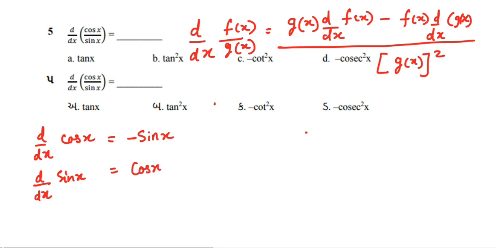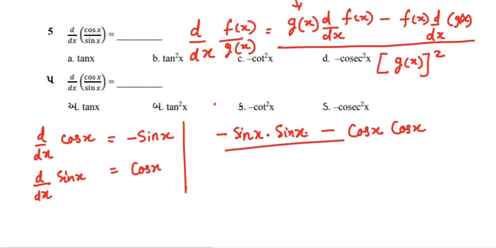So putting the values, let us check what it is going to be. It will be minus sin x into sin x, then minus, differentiation of sin x is cos x into cos x, upon denominator square, the denominator is sin square x.